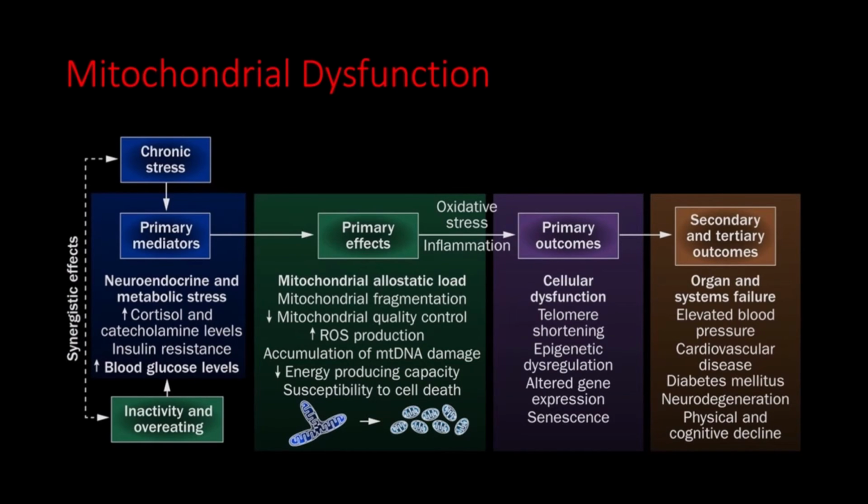What this does ultimately is release a lot of glucose into your bloodstream for your body to use, because it thinks you're in a dangerous situation where you'll need a lot of energy.